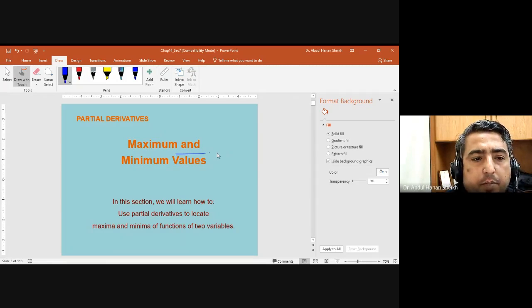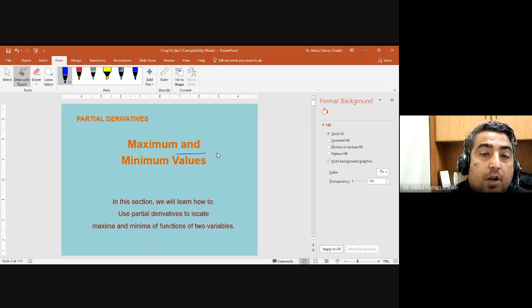In simple words, maximum and minimum values of a function are the values. First, the maximum values of the function are such values where, in a certain domain, the function cannot have greater values than those values.